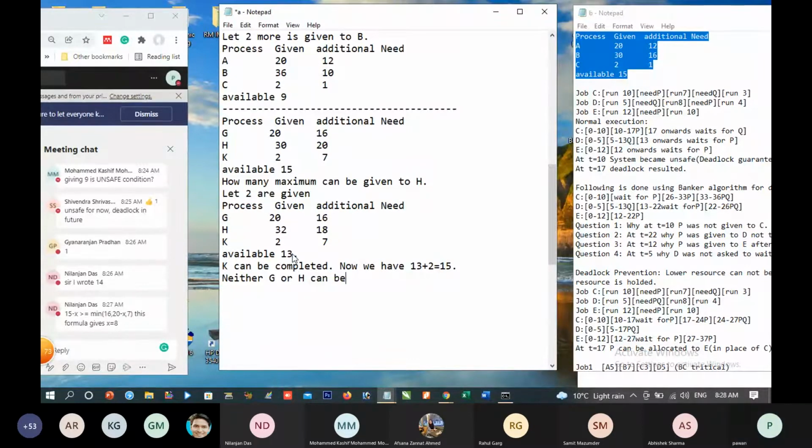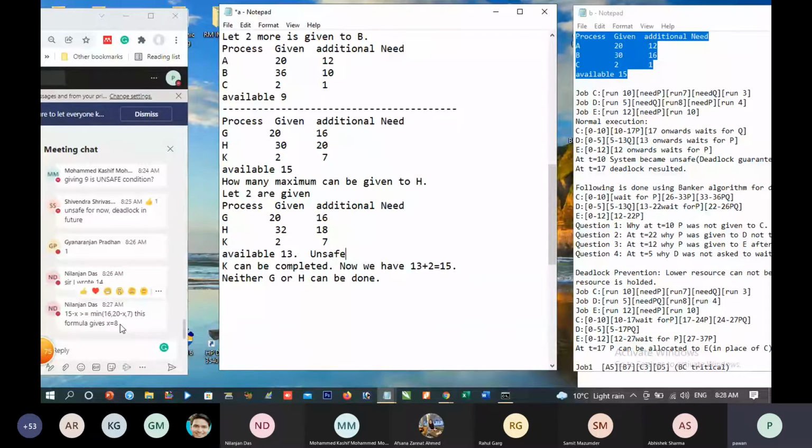Is it correct? So at present, there is no deadlock. So this situation is unsafe. Do you agree? You are fully correct.